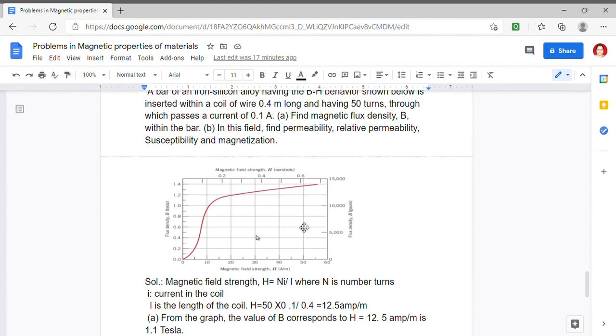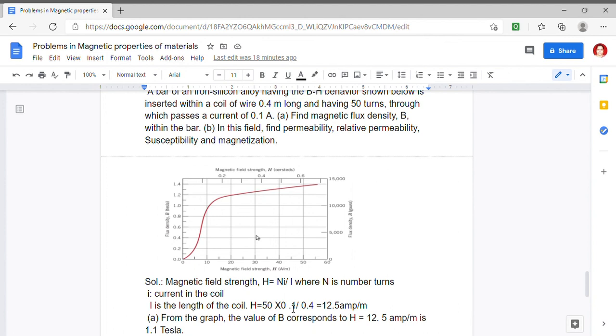So we can find H, which has a formula Ni upon capital L. N, number of turns 50, current 0.1, the length of the wire is 0.4. So using this data, we get the magnetic field strength H to be equal to 12.5, and the unit is ampere per meter.